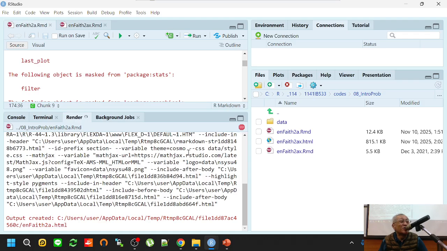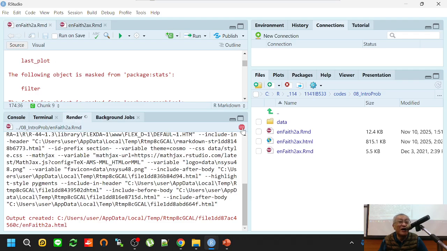Okay, so for now we want to switch to 2AX RMD. Okay, so far we are running 2A RMD, right? But right now I want everybody to switch to 2AX RMD. But before that, you need to close the running app, right?